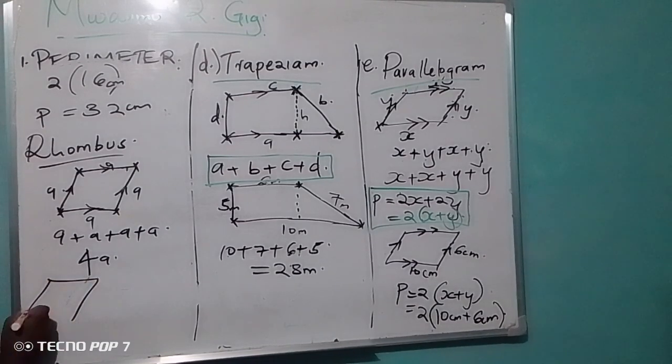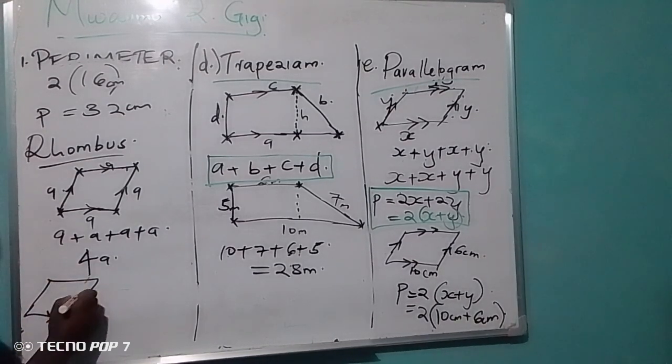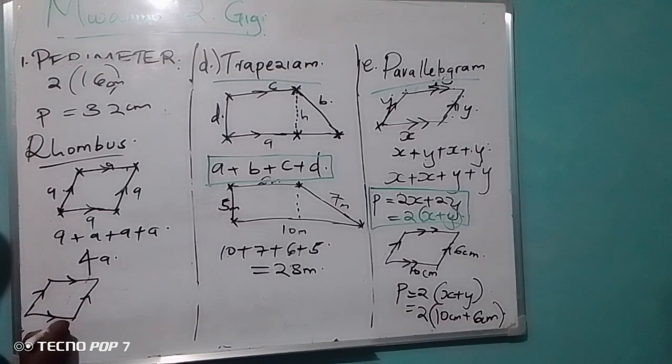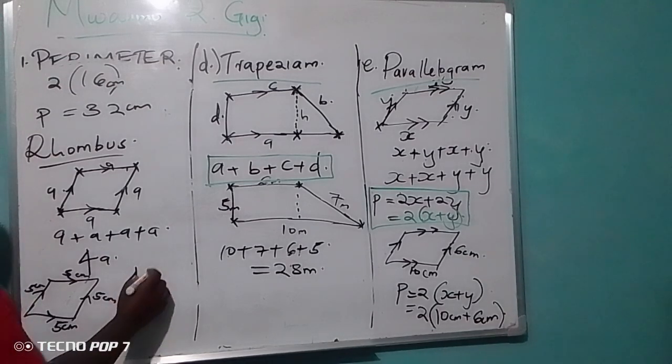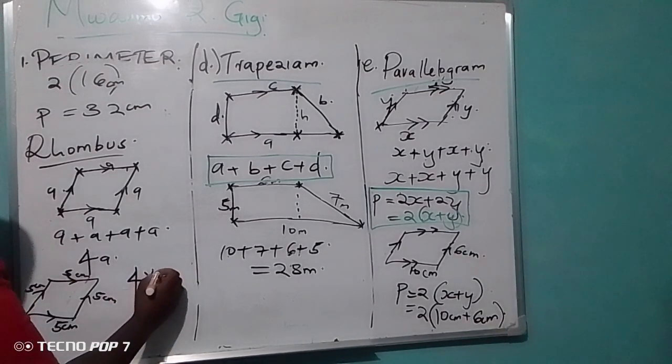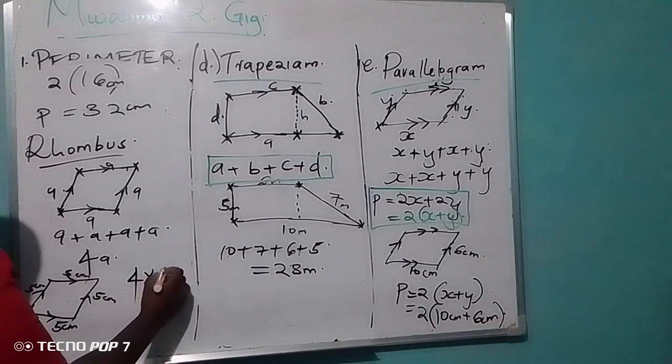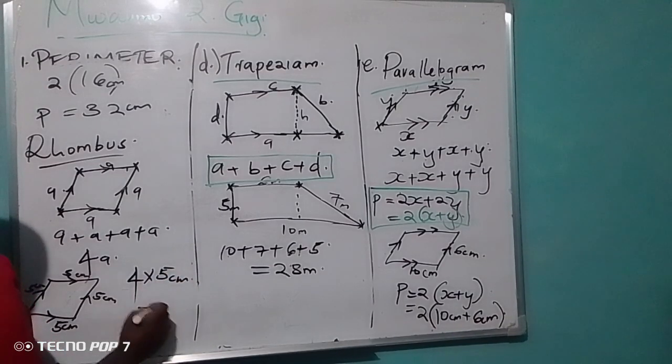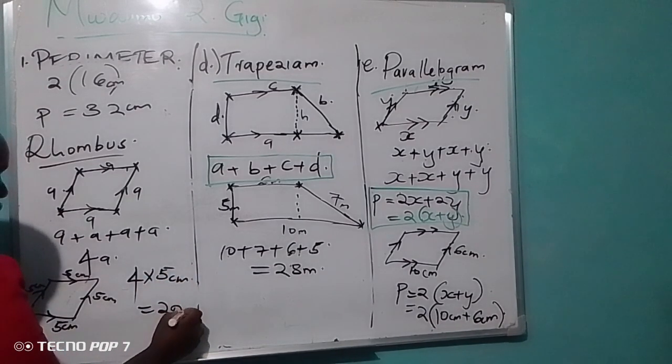So, for instance, if this is our rhombus, if this side is 5, this side will be 5, this side will be 5, 5 centimeter each. So, our case will be 4 times 5 centimeter, which will become 20 centimeters.